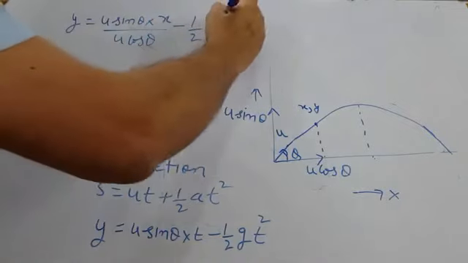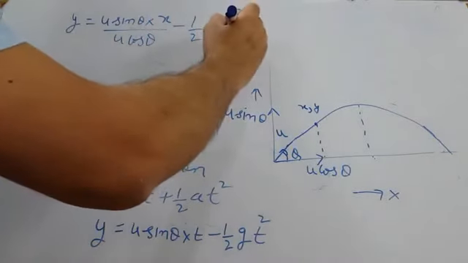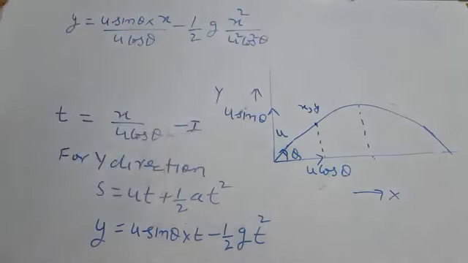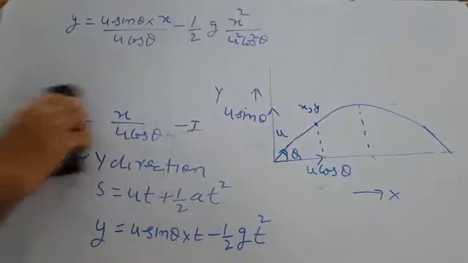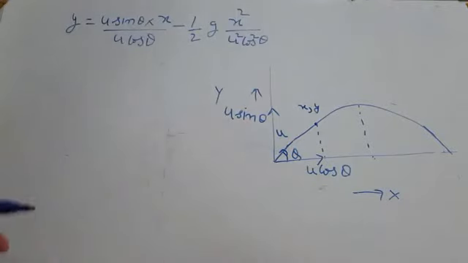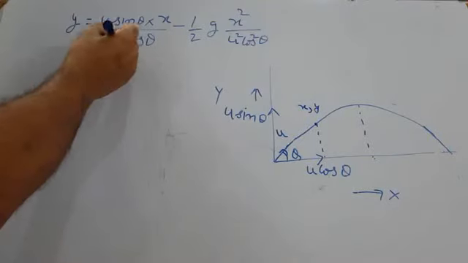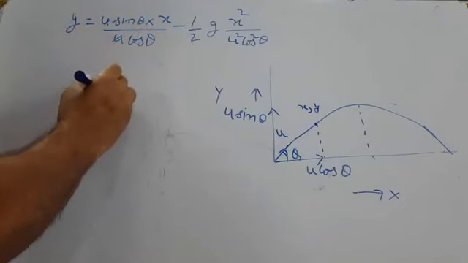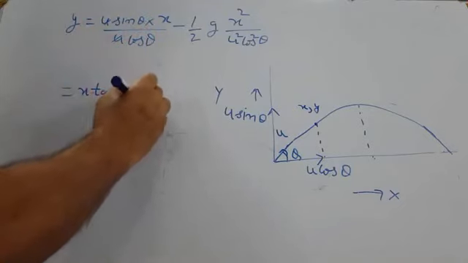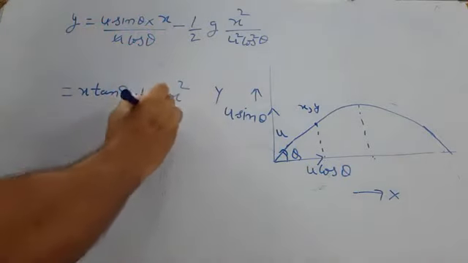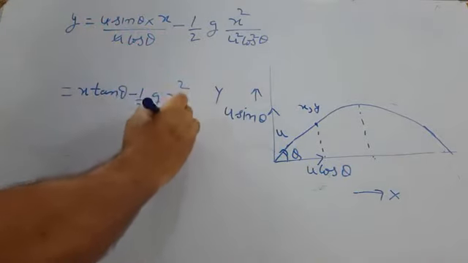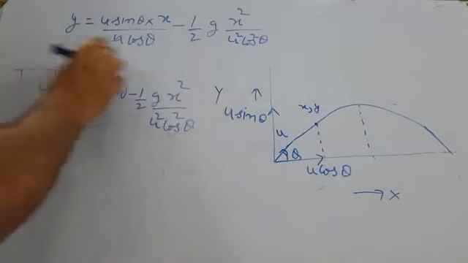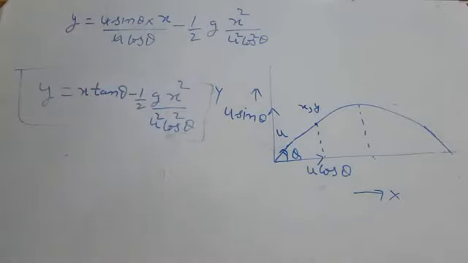T square means x square upon u square cos square theta. That is y. This u will be cancelled, and sin theta by cos theta is tangent theta. So it will be x tangent theta minus half g x square upon u square cos square theta. That will be the equation of the projectile.